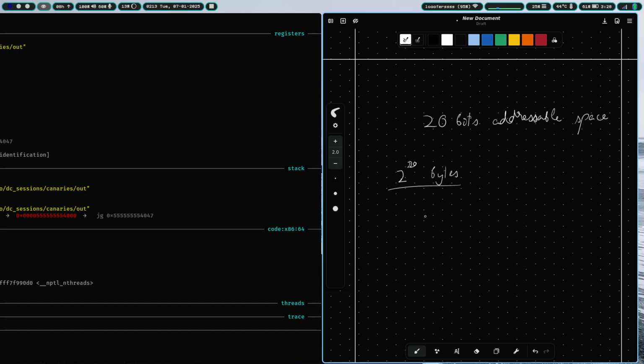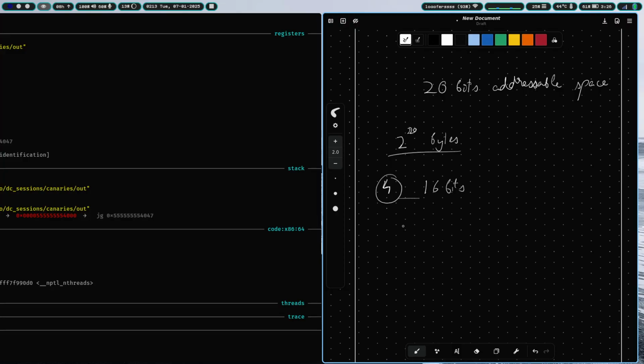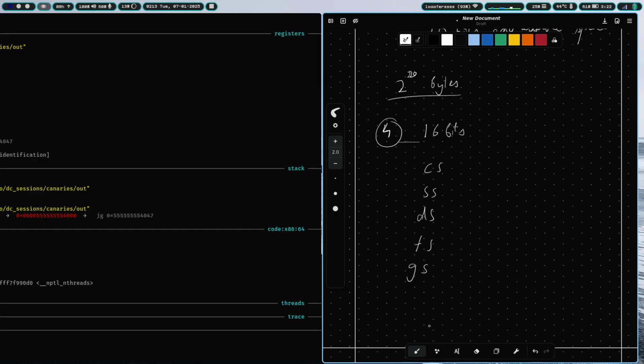But since the register had only 16 bits, there was a deficit of 4 bits. Where do you get these 4 bits from? Enter segment registers. So you have code segment, stack segment, data segment, file segment, global segment. ES is something I am not aware of.